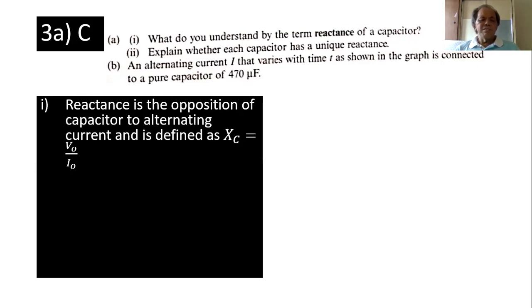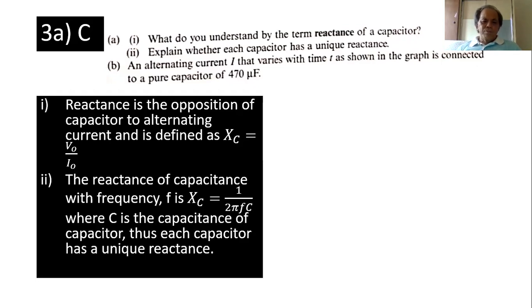Go back to the formula. Explain. Go back to the equation. The equation is 1 over 2 pi fC.